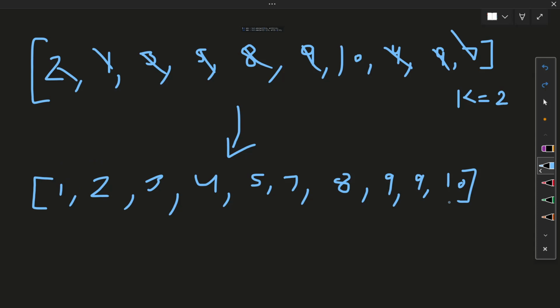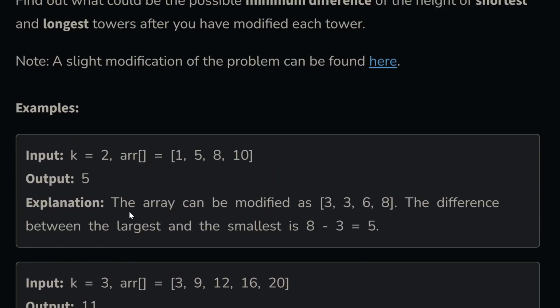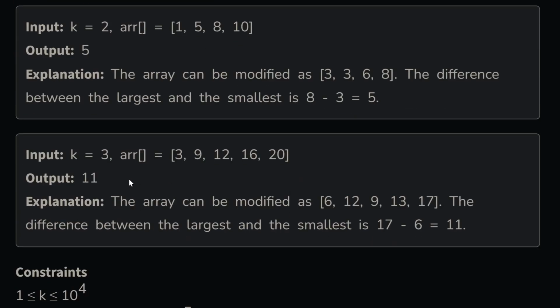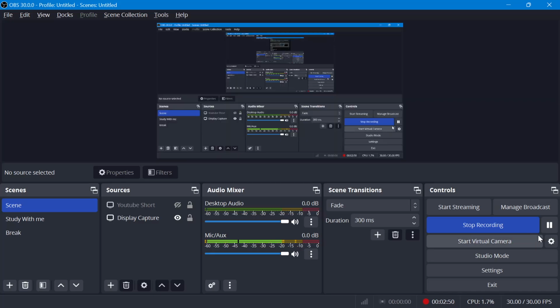One more thing is, the height can be negative. The height can be negative, although it does not make any sense, but in the test cases it is given that heights can be negative. Here you can see the height cannot be negative, but after I submitted the solution I got stuck, and in the test case the height is negative, so we have to take care of this value.